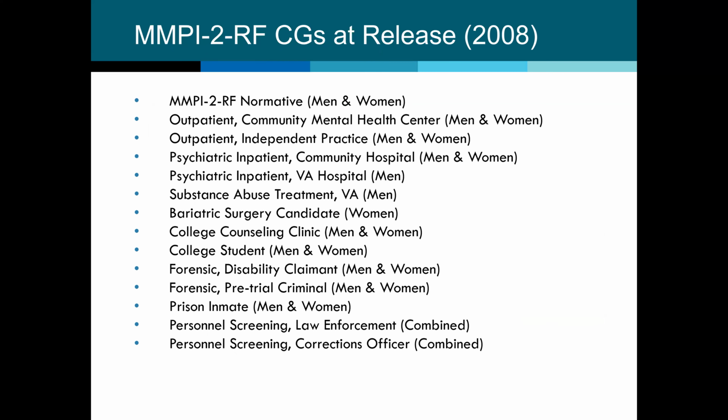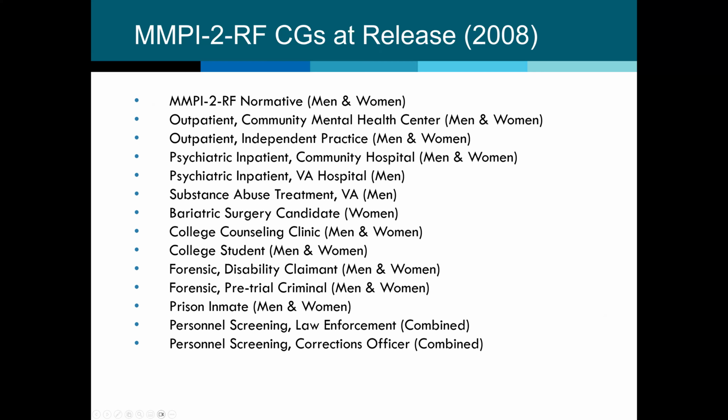So when the MMPI-2RF was first introduced in 2008, we included these comparison groups that are listed here in the slide. You can see, for example, that we had comparison groups representing either the men or the women. When it says men and women, that means there was a separate comparison group for men and a separate comparison group for women of the MMPI-2 normative sample.